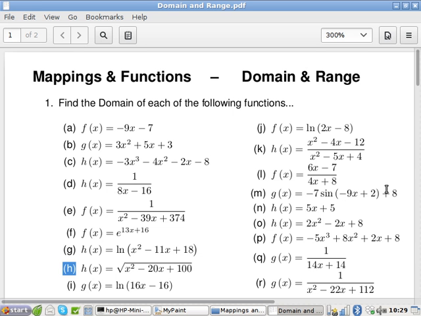Every real number except 1 and 4. Not accept, but except, as in not 1 and 4. It's E-X-C-E-P-T.